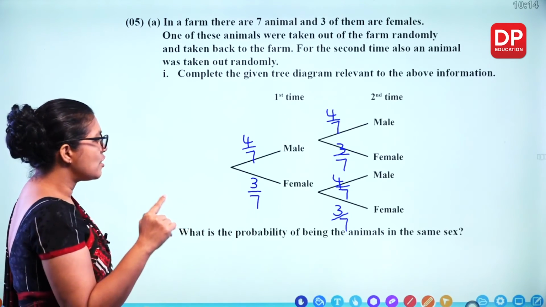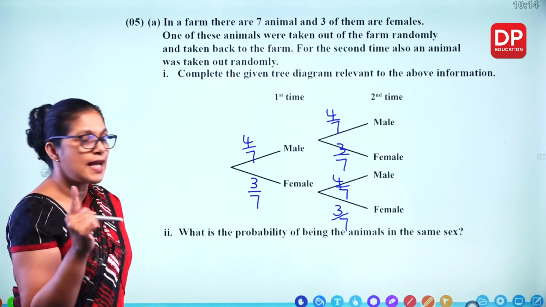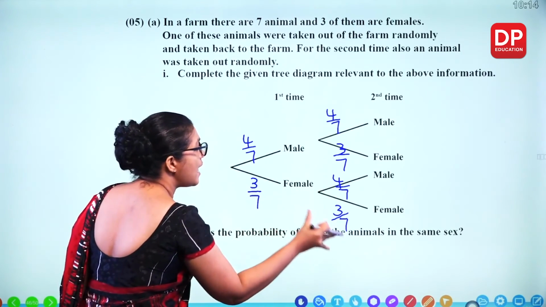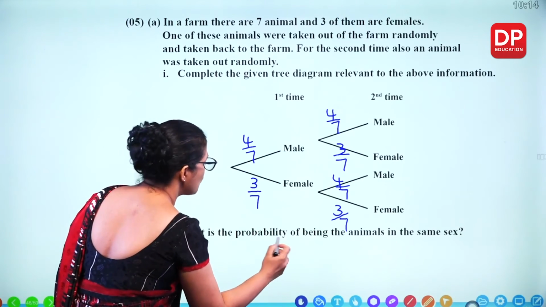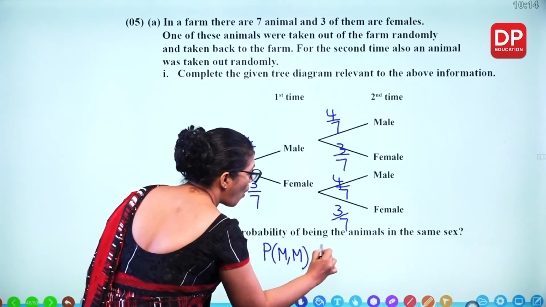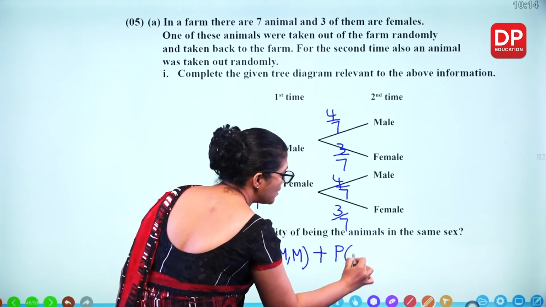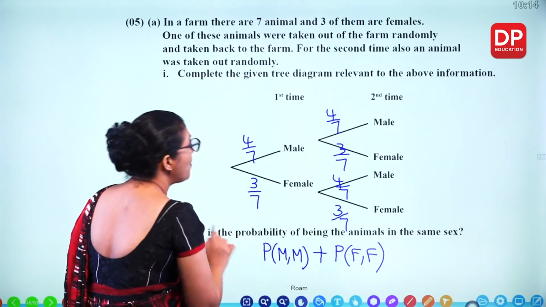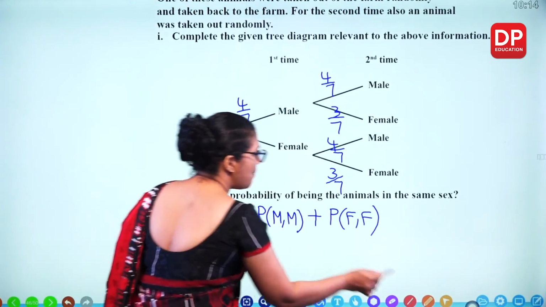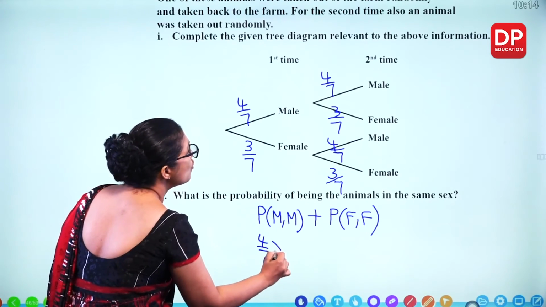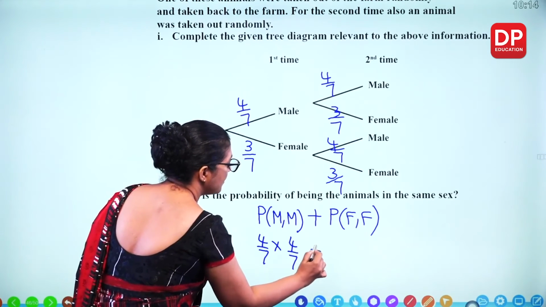What is the probability of the animals being of the same sex? That means a male and a male or a female and a female. So probability of male and male, or that means addition, probability of female and a female. So what's the probability? Male and a male, 4/7 into 4/7.